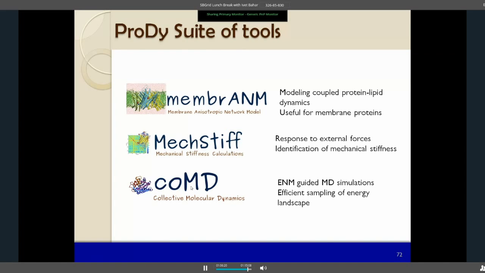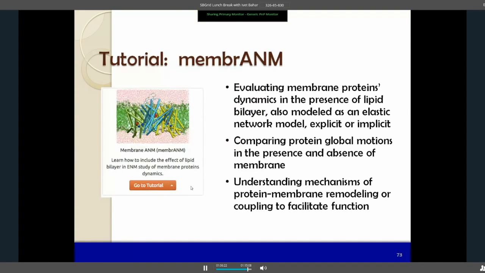Just one example about the membrane before I conclude. You can check that particular module of ProDy, and then you construct, in this case, an elastic network model not only for the membrane protein but also for the lipid bilayer.